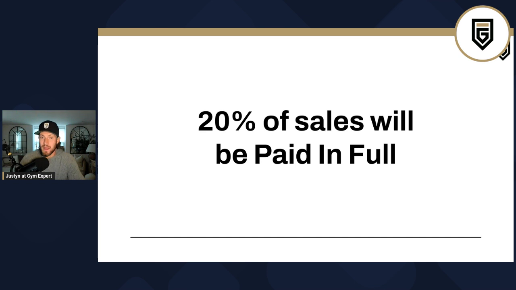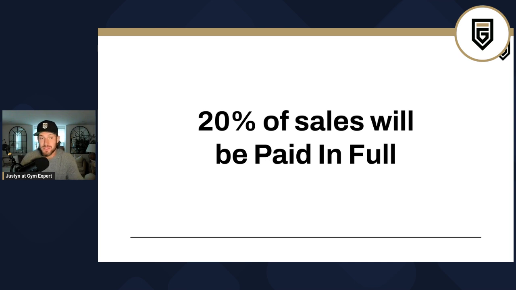Now, the other thing to keep in mind here is that we don't really ever want to hover over having 20% of our member base paid in full. So if you have 100 members in your facility, you shouldn't have more than 20 people who have paid up front and in full for the entire year. And the reason for that, as you'll see when we get through the remaining slides, is the recurring revenue that you get will continue to stack and is very, very important for your business.